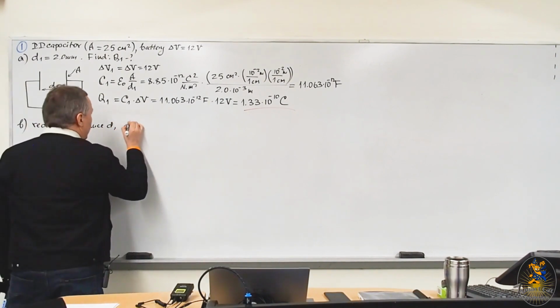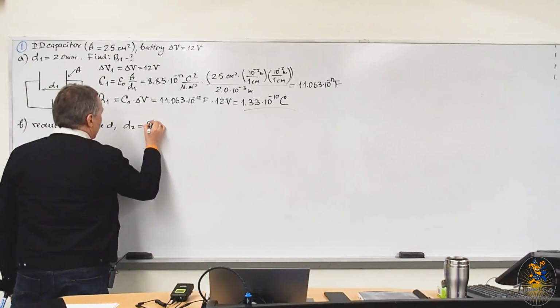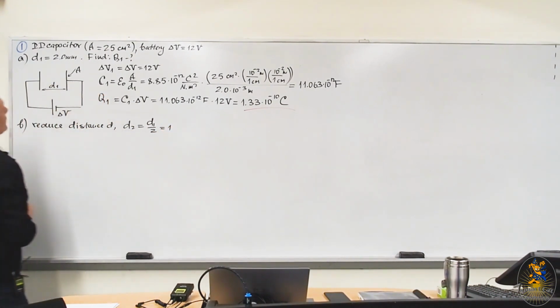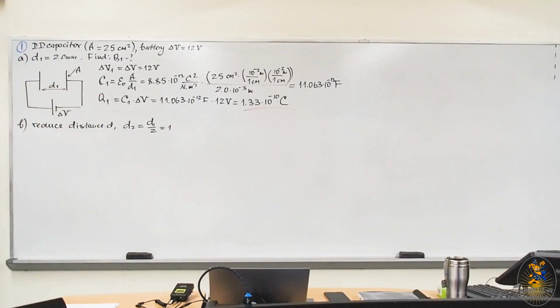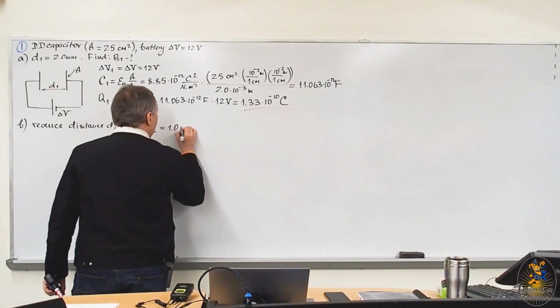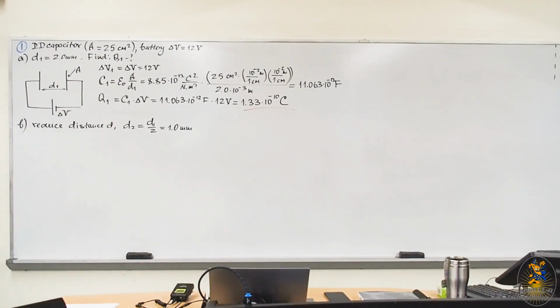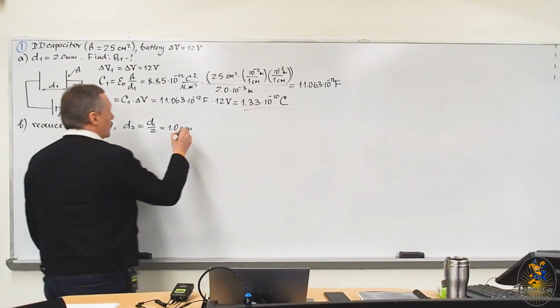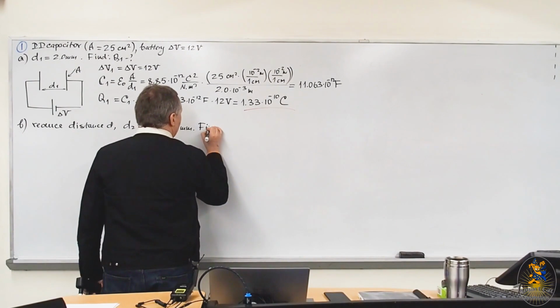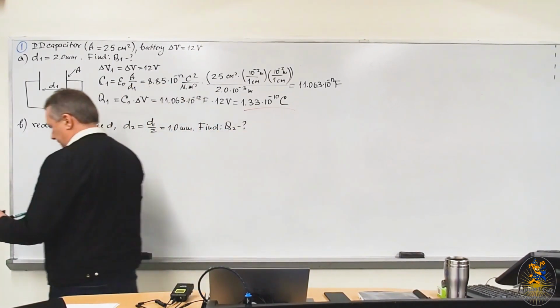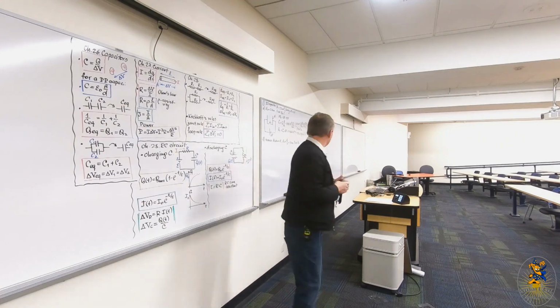Let's say d2 will be equal to d1 divided by 2, which is 2 millimeters divided by 2, so 1 millimeter. And the same question: now let's find the value of Q2, the amount of charge in this case.